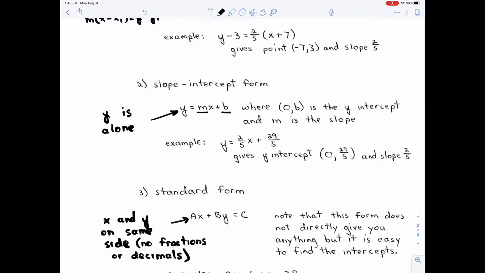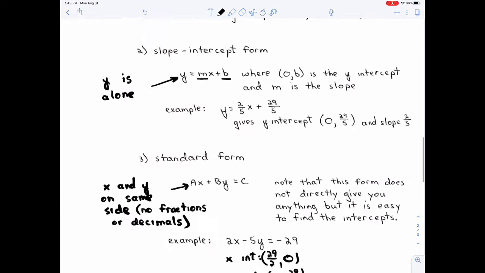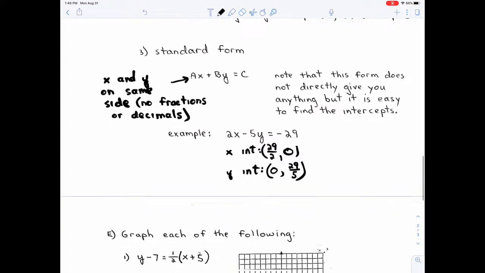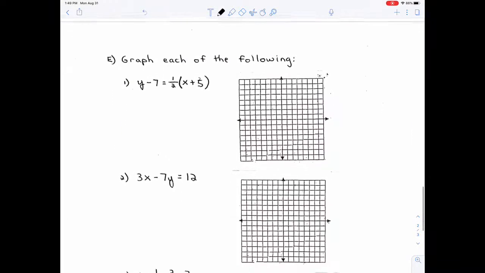If you graph y minus 3 equals 2/5 times the quantity x plus 7, and then you graphed y equals 2/5 x plus 29/5, and then you graphed 2x minus 5y equals negative 29, you would have graphed the same line 3 different times. They're just in different forms, that's all. And how do you change from one form to the other, I'll get to another day. All right? Okay, so let's take a look at some examples.